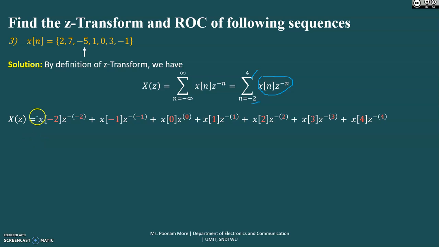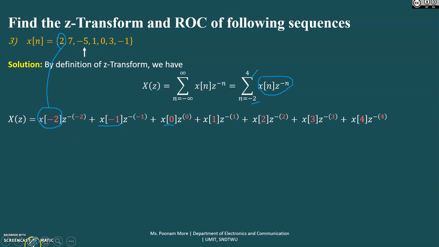So in the next step, what we have to do is substitute the values of x of -2, x of -1, x of 0 from the given sequence. So here we are having the value of x of -2 is nothing but 2 over here.